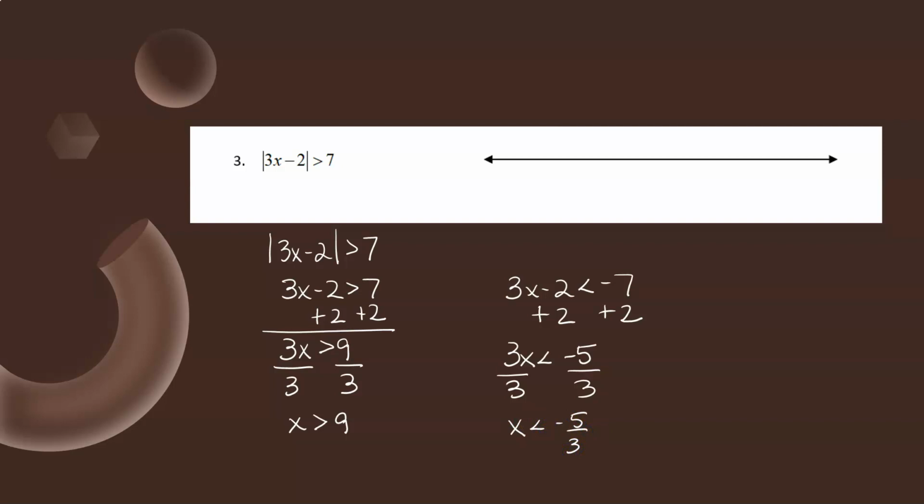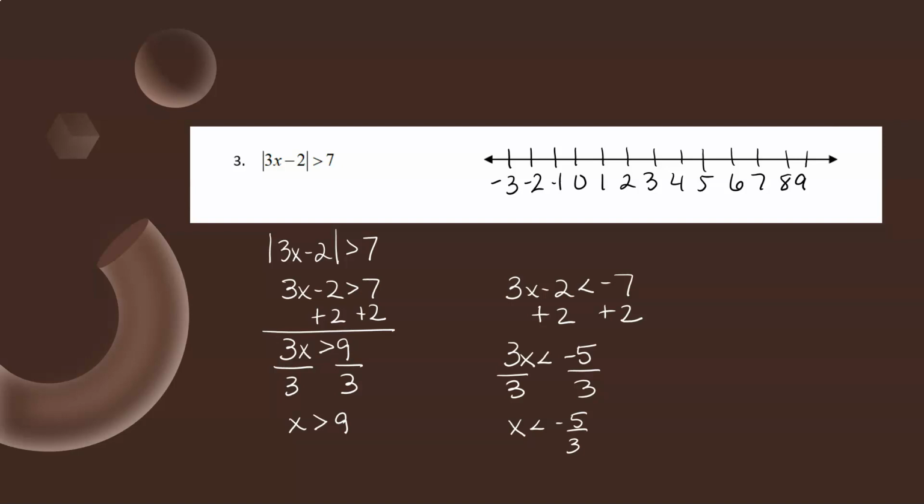Yes, you can graph fractions, and I'm going to show you how. So let me change the pen. Oh, look at that. It came out just right. So let's graph x is less than negative 5/3.